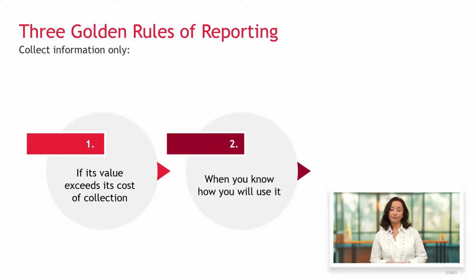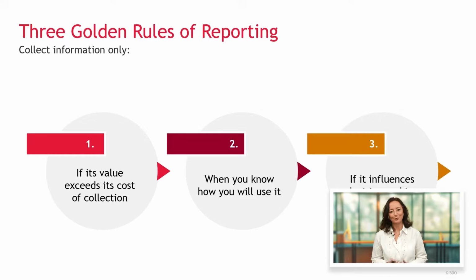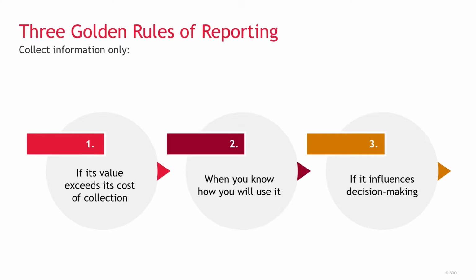And so I'll finish with 3 golden rules of reporting, which are in a way 3 different ways of saying the same thing. Make sure you report elements when the value of information exceeds its cost of collection. And what drives the value of information is precisely knowing how you're going to use it.